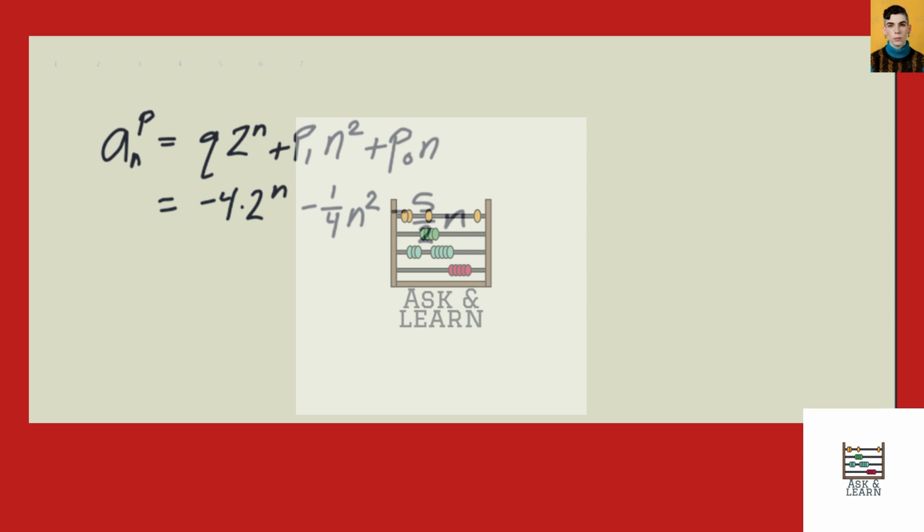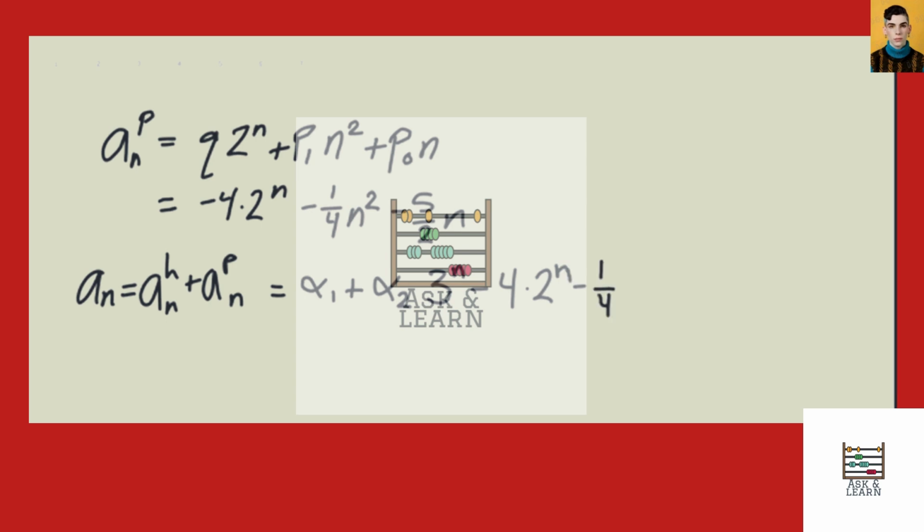And so to solve the whole thing, we'll take our homogeneous portion and add it to our particular solution. And so that gives us alpha 1 plus alpha 2 times 3 to the power of n, minus 4 times 2 to the power of n, minus 1/4 n squared, minus 5/2 n. And we're not quite done yet because we need to evaluate at the initial conditions, right?